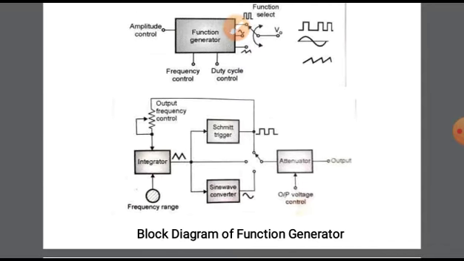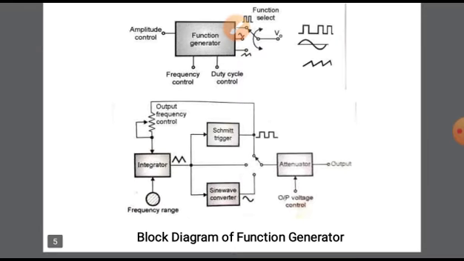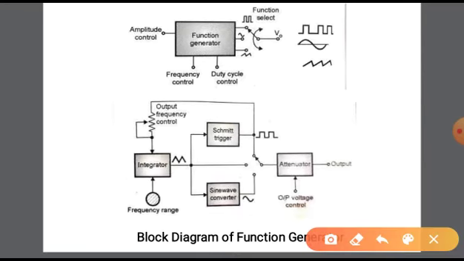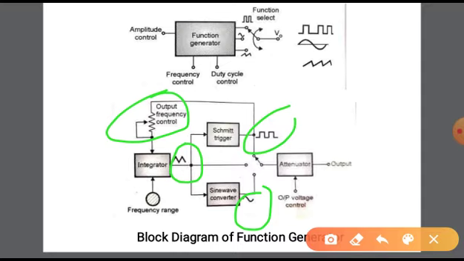Now you know the general diagram. There are 4 blocks: integrator, Schmitt trigger, sine wave converter, and attenuator. The output of the integrator is a triangular wave, the frequency control sets the actual waveform, the Schmitt trigger generates the square type waveform, and the sine converter converts the triangular signal to a sine signal.